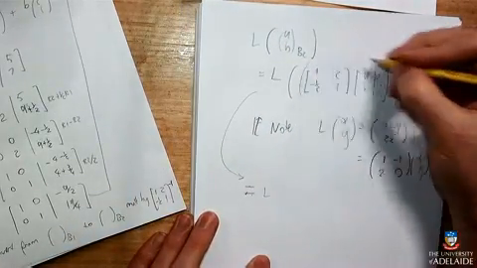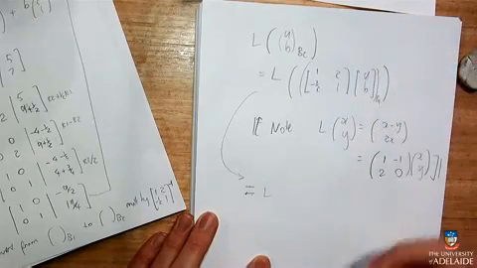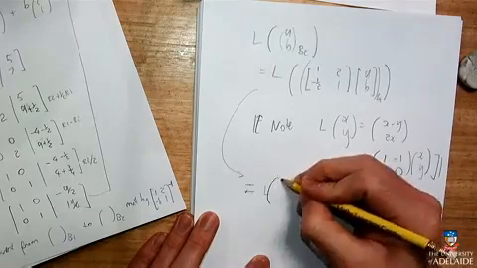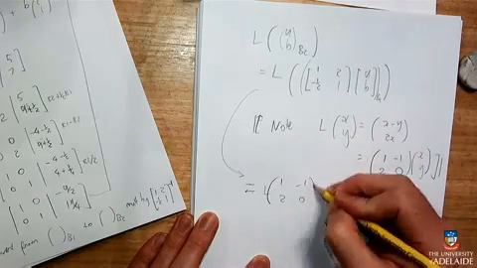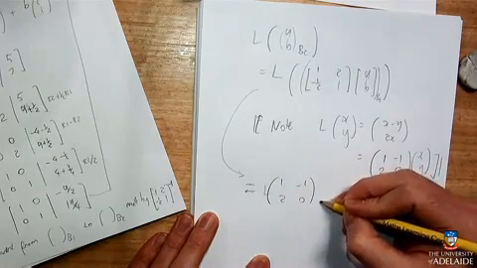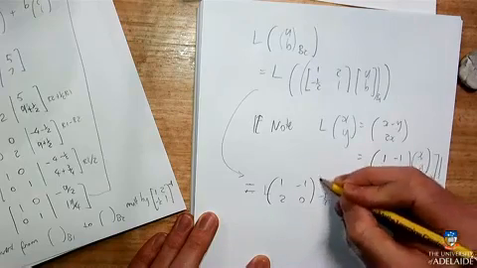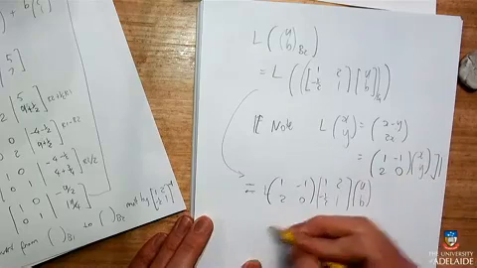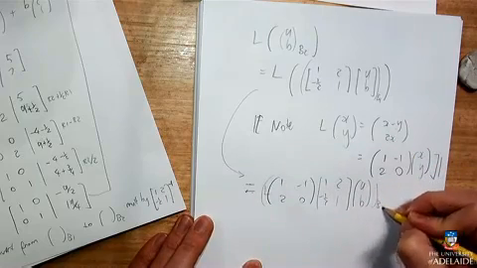So just making sure we know what's going on here. This is now in B1. And then in B1, this is how to do L. And this is all in B1.